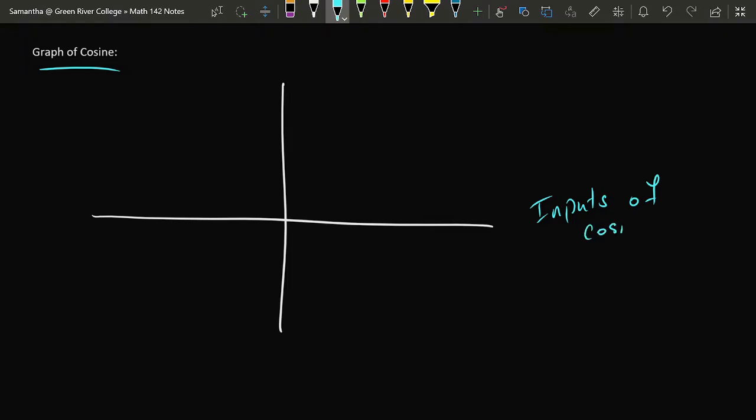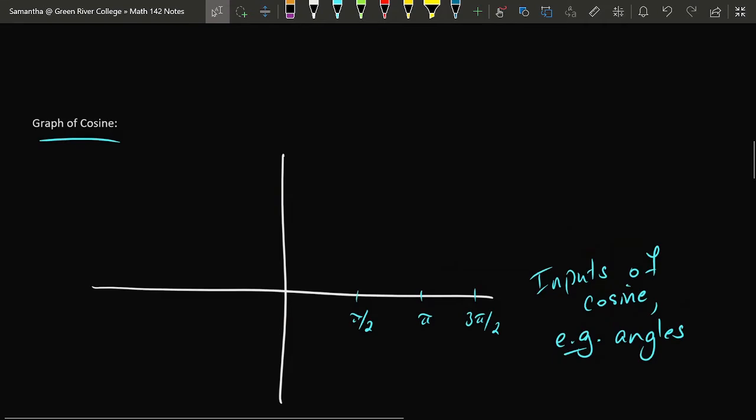Inputs of cosine. And inputs of cosine are always angles. So in the graph of cosine, once again, we would be plotting values like pi half, like pi, like 3 pi half, etc. When we graph cosine, the vertical axis is always used to display outputs of cosine.